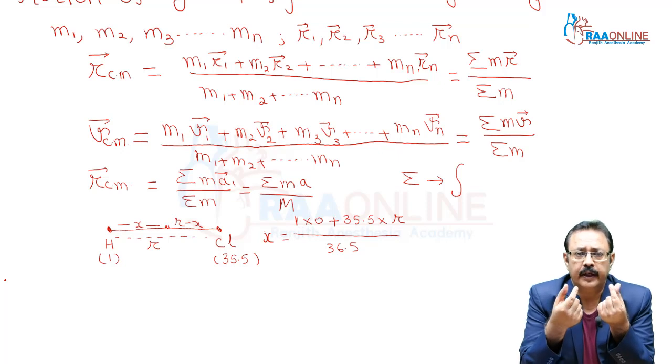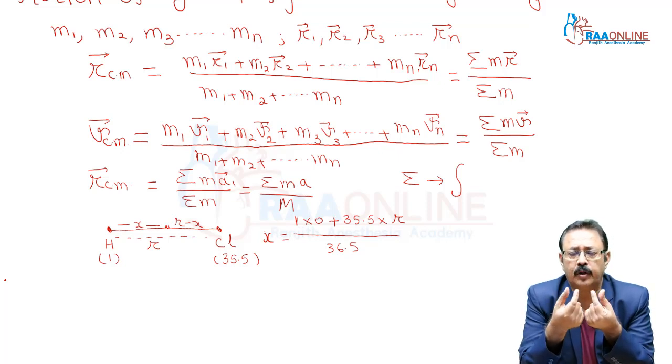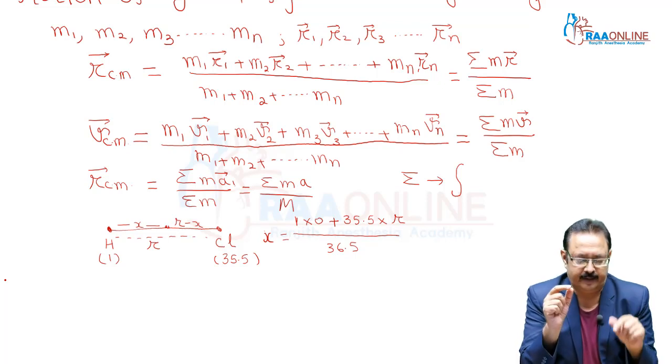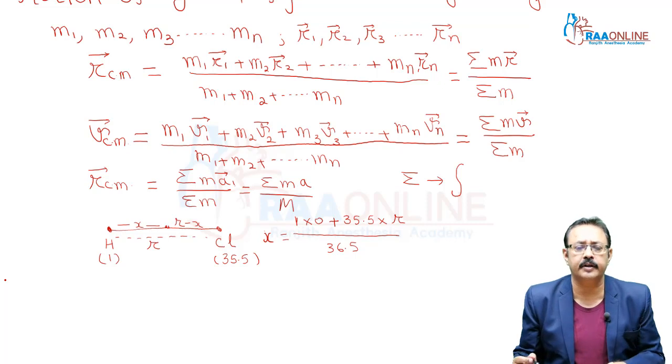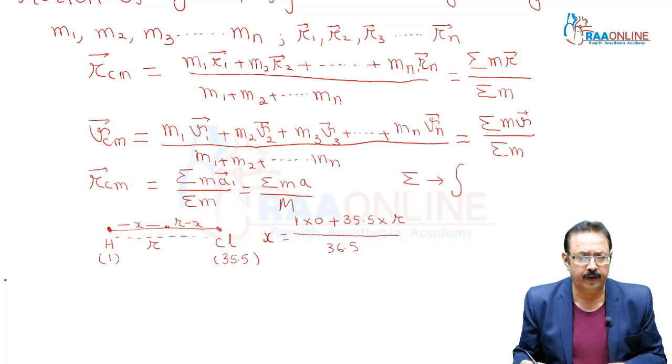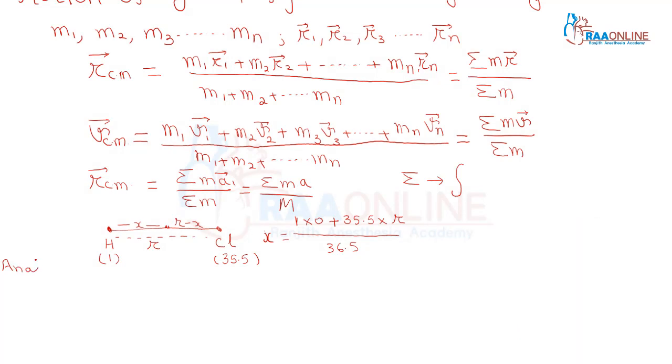Means in rotational motion, which quantity is replacing which physical quantity of kinematics? Learn that. In rotational motion, we are talking about analogues. So, no need to learn any formula, you will get it all directly.